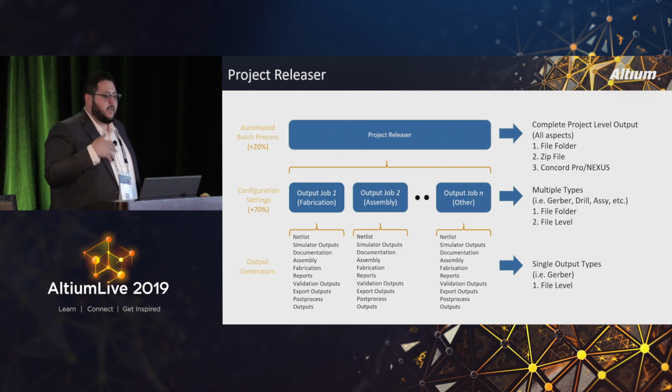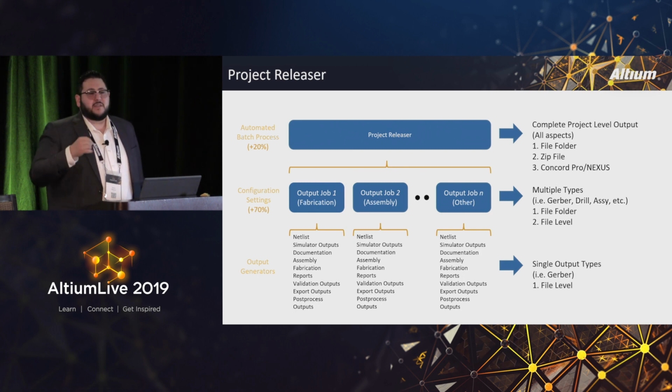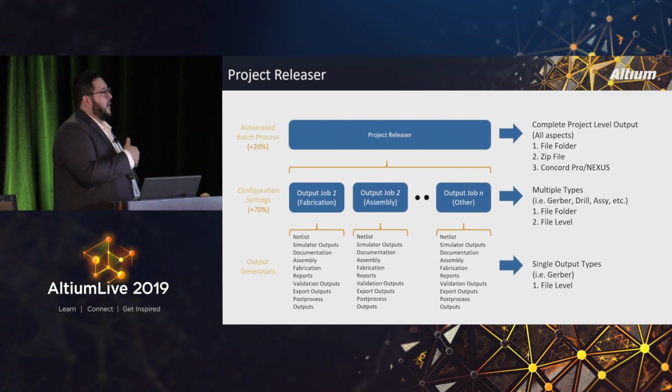So it gives you that nice level of consistency to make sure that you are releasing the same information every time and you're not missing anything, or you're not releasing the wrong version of something. Combined with the version control system, you are guaranteed to be releasing the right instance and right revision of all of your things.